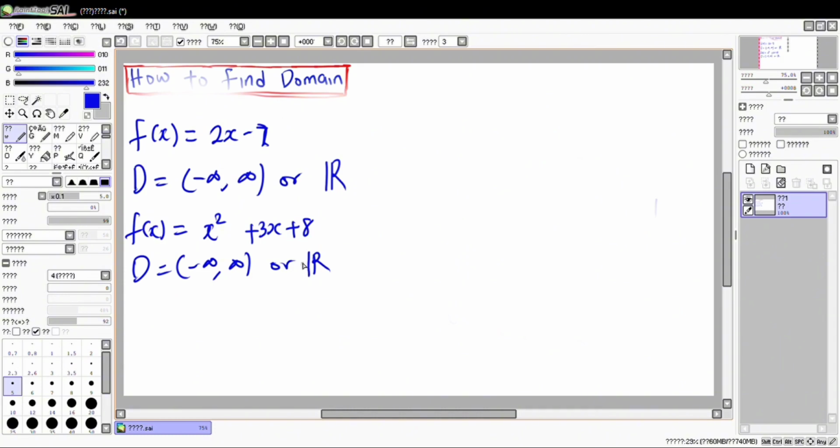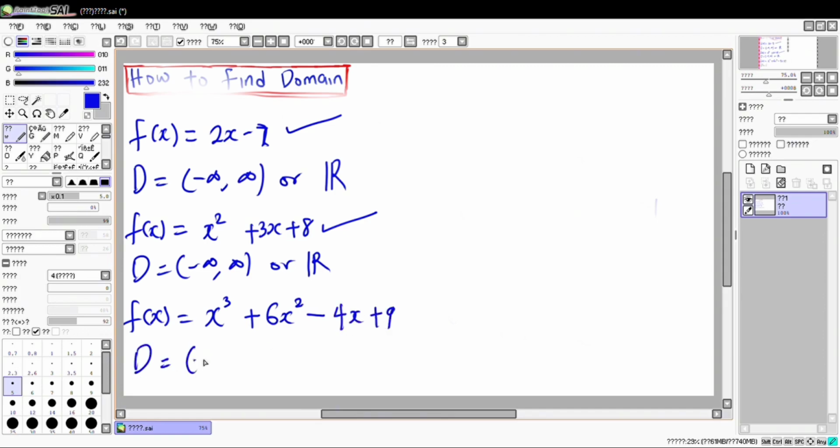Just take note of that. This is very important. Remember, this is a polynomial function. Remember, this is also a polynomial function. Now, if you have a polynomial function like f of x equal to x cubed plus 6x squared minus 4x plus 9, the domain of this is minus infinity to infinity, or all real numbers. That is true for any polynomial function.